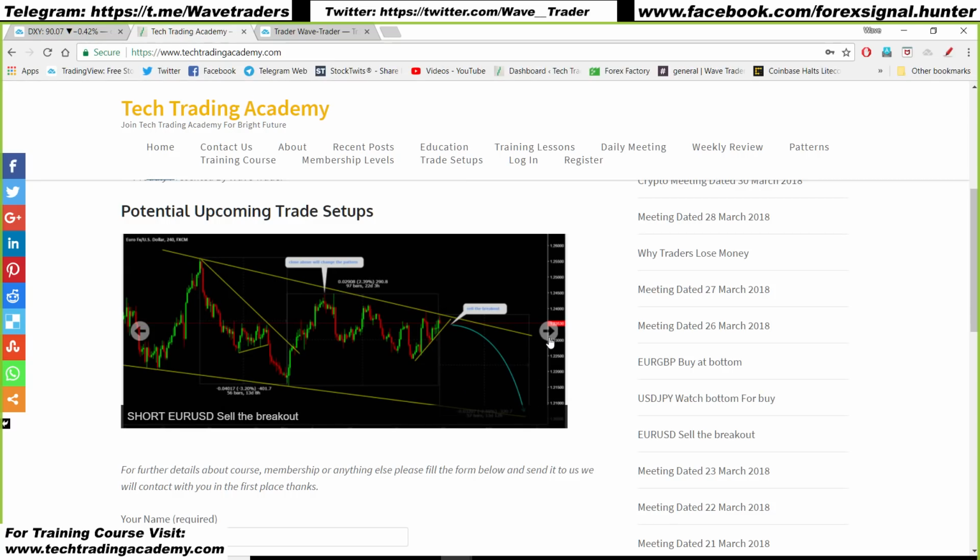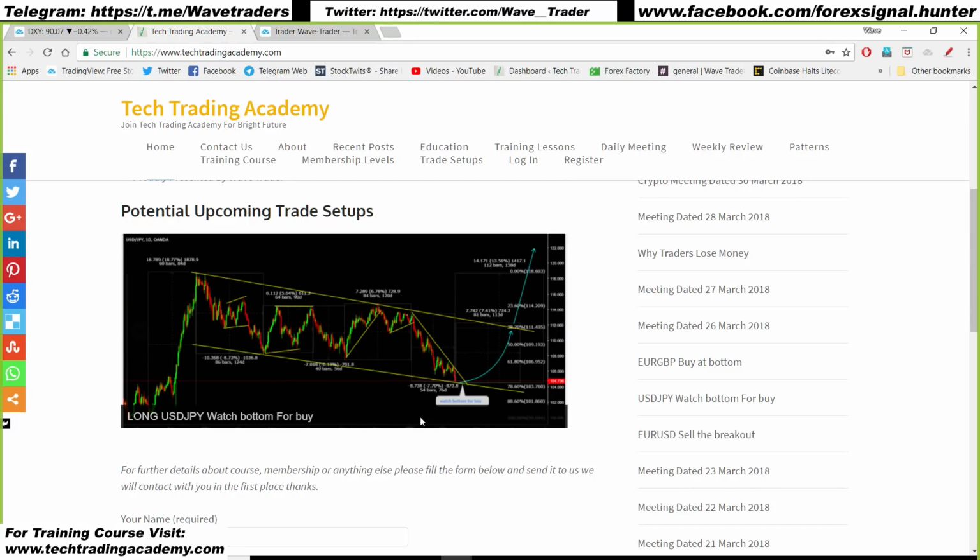Euro dollar almost about to complete the sell and going to change the pattern formation. We're going to talk about that. These are the high potential trade setups which you guys need to look at for upcoming days. Some of them are completed, some of them going, and I'll try my best to post more setups on this front page.